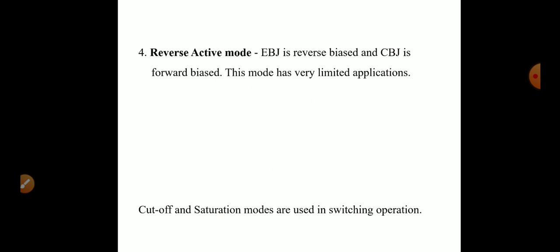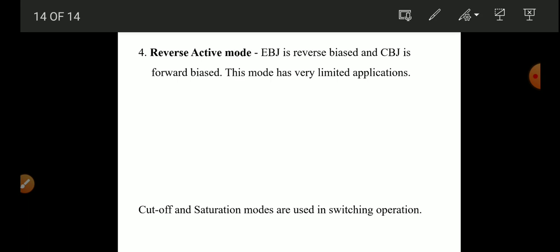And next one is reverse active mode. In reverse active mode, the emitter base junction is reverse biased and the collector base junction is forward biased. This mode has very limited applications. How can we draw the reverse active mode?